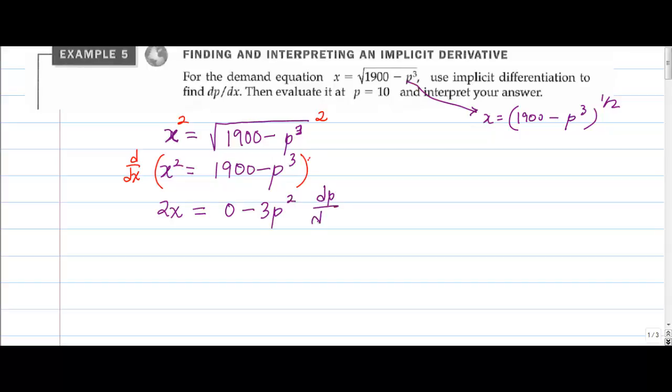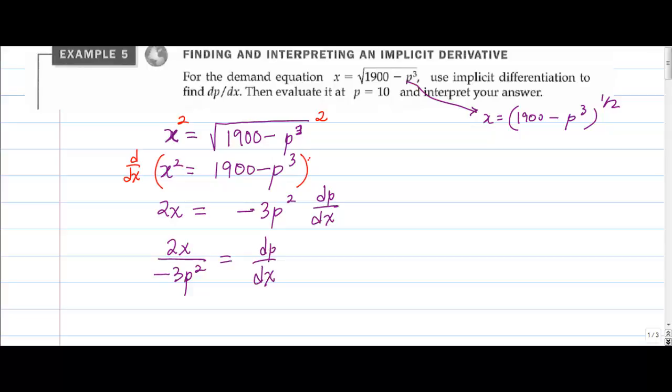Don't forget the dp dx. We took the derivative of p with respect to x. Now, the 0 can just go away. So I'm left with negative this, and I can solve for dp dx. Divide both sides by negative 3p squared.